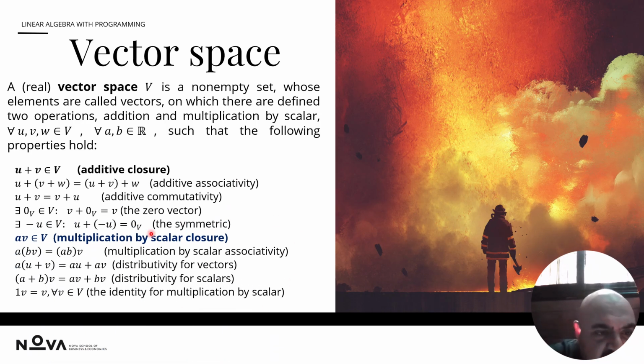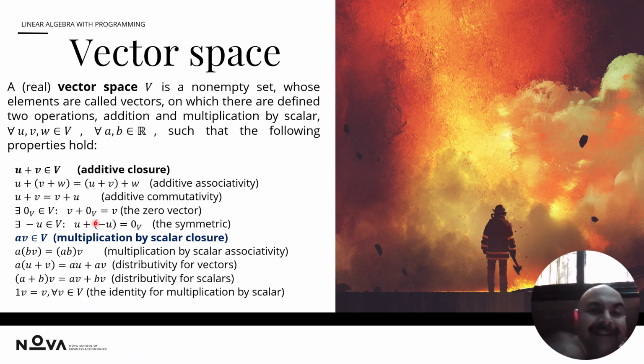Of course, these are in details the additive closure or the addition closure and the multiplication by scalar closure. The addition closure means the commutativity, the distributivity and the associativity of the vectors, as you can see.